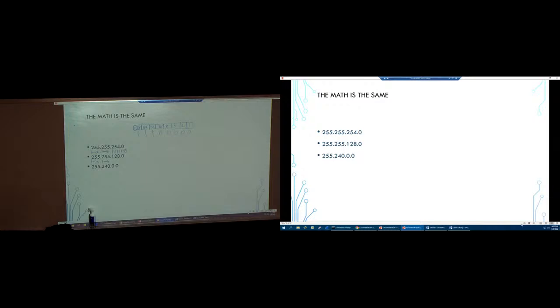So figure out the positional value. So you're doing it in binary. You're circling the last network bit. And then you're going to tell me what the positional value is of that network bit.